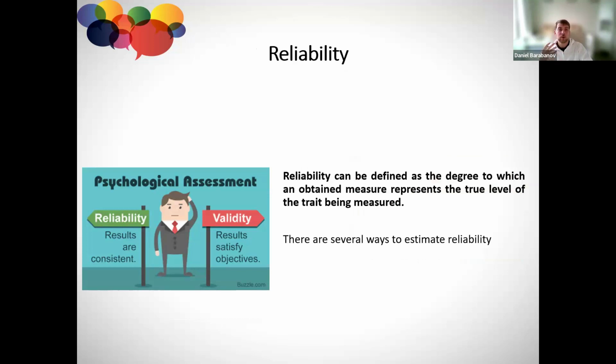If we're speaking about, for example, measuring height or weight, you can make several measurements and you expect to get the same result each time. So if you see a different weight in kilograms or pounds each time you stand on scales, you start to think that those scales are unreliable or broken.